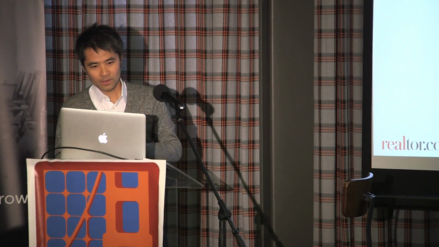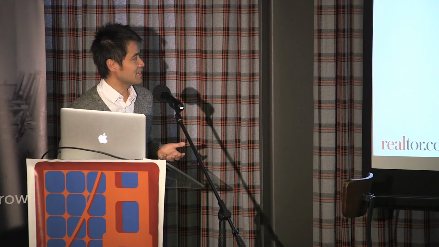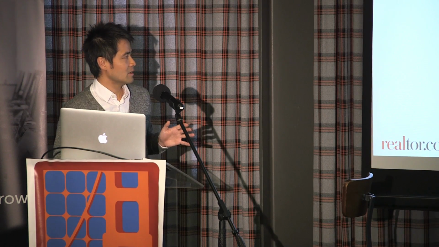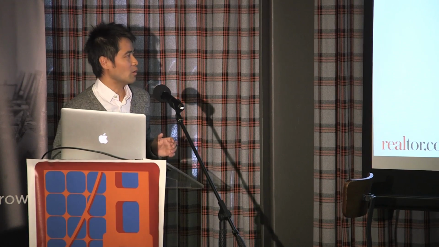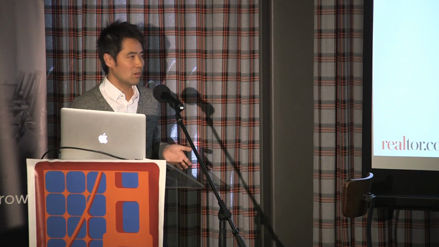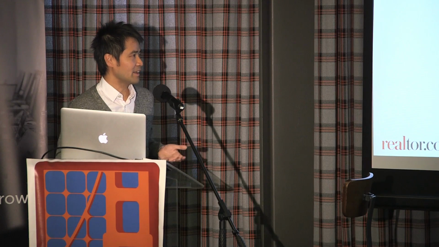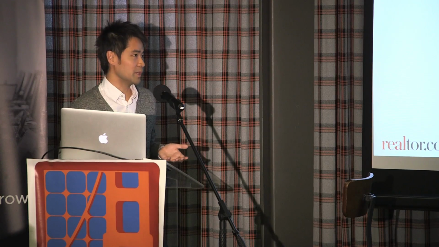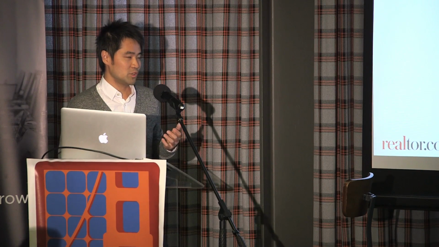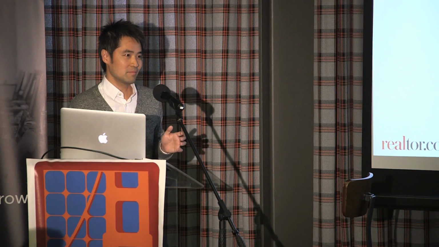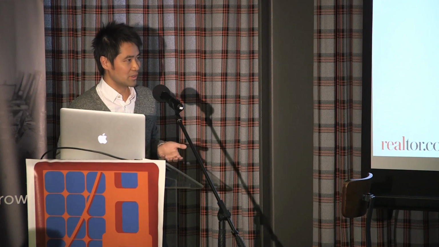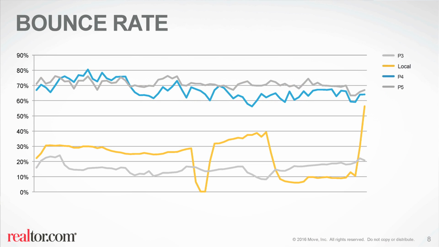So in some way, we see that the local page has very low exposure to our audience. And we wonder why it happens. Does it mean that users don't really need this kind of information, or users do need it, but they don't really know what to do with it, or they don't even notice the existence of our local pages?